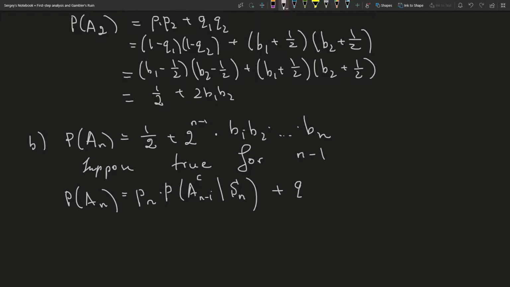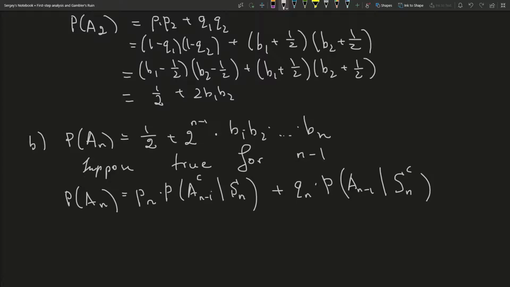So this will be q sub n times the probability that out of the first n minus 1 trials we had an even number of successes, given that the nth trial was a failure.